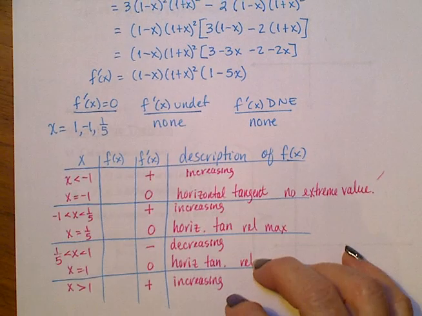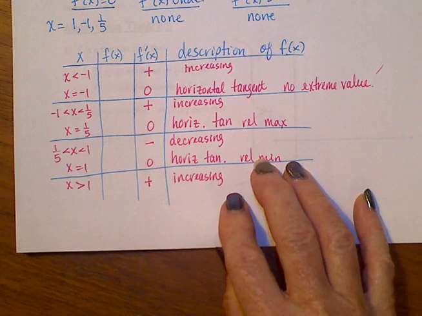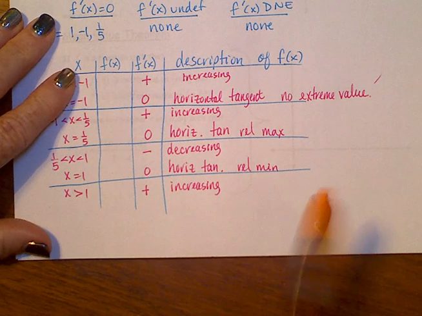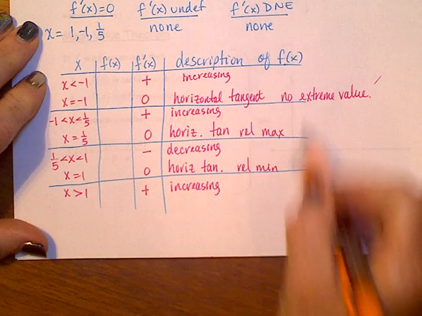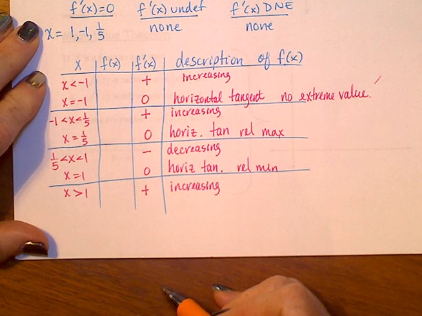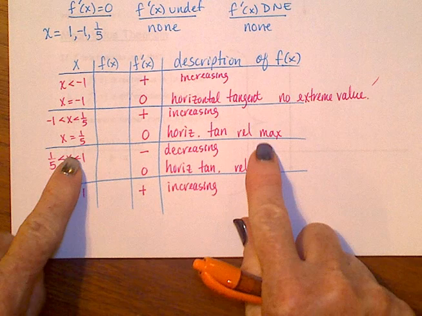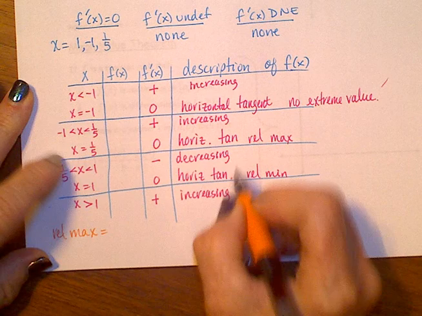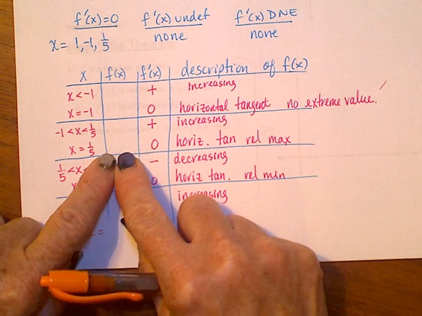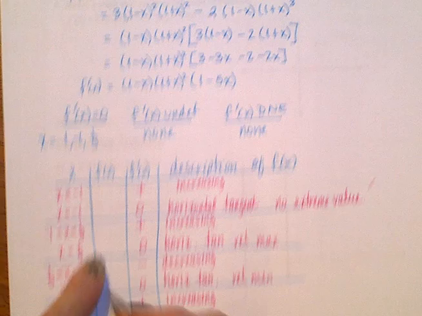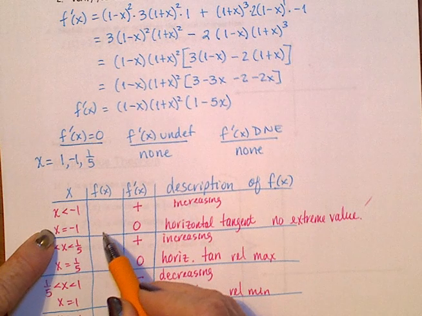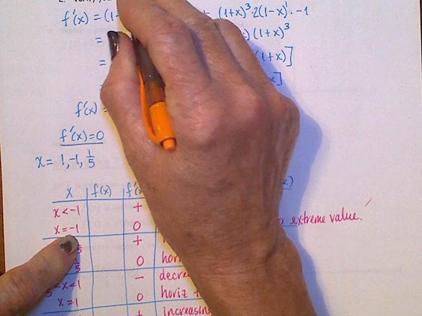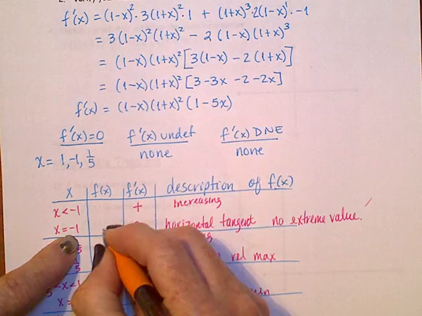Okay, now looking at our chart, when we want to know when this function is increasing, decreasing, and its extreme values, we can see right here there is a relative max equal to, I have to find the y values. So I would take these points and plug those y values back into the original function. At -1, that function is 0.